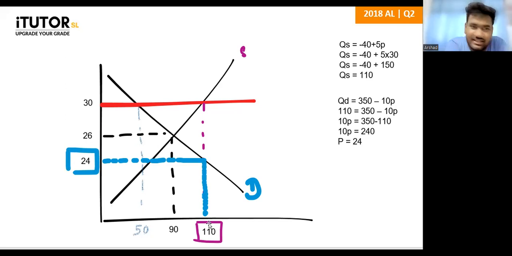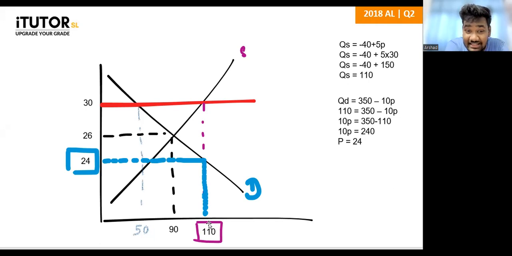So are we clear with the story, guys? Government came and put a minimum price of 30. Farmer was motivated. He supplied 110 units, but he realized he can't sell his 110 units at 30 rupees. So he goes back to the government. Government tells, you go and find out what price is the consumer willing to pay to buy your entire supply, to buy your entire 110 units.